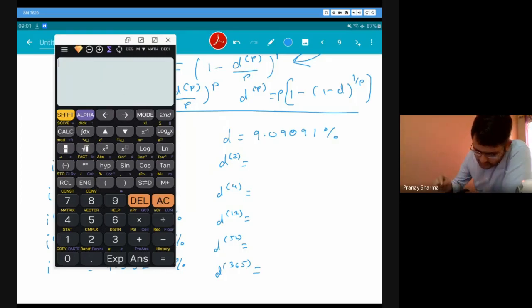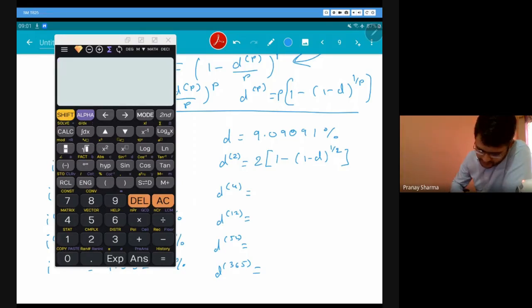So here our D2 formula is going to be 2 times (1 minus D) raised to 1 by 2. So we'll use that formula here.